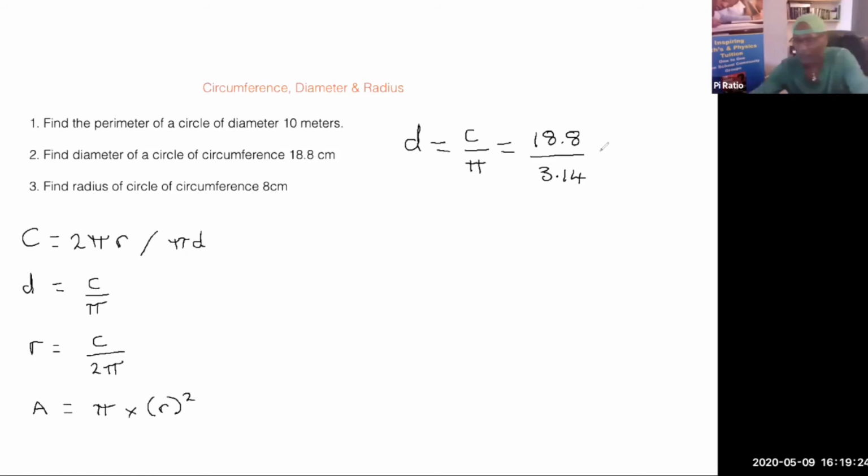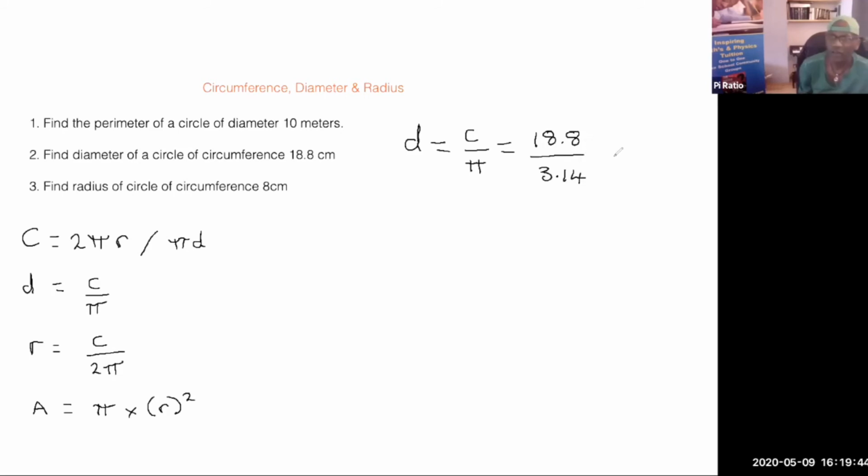So I'm just going to use my trusted calculator here. 18.8 divided by 3.14.